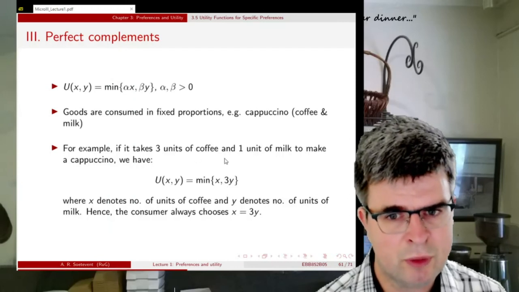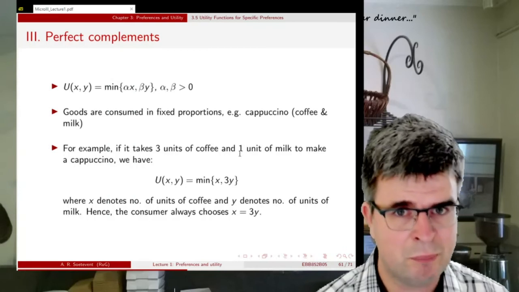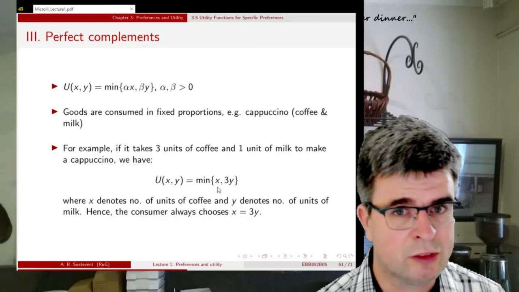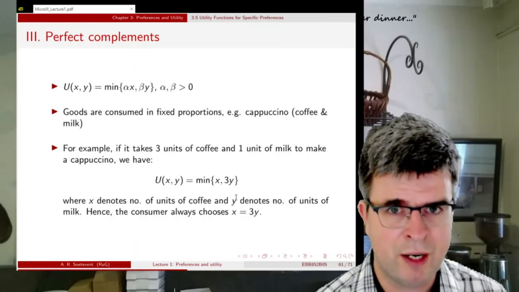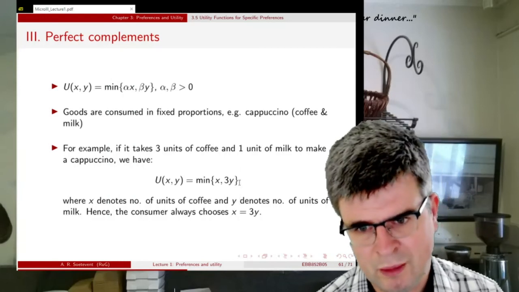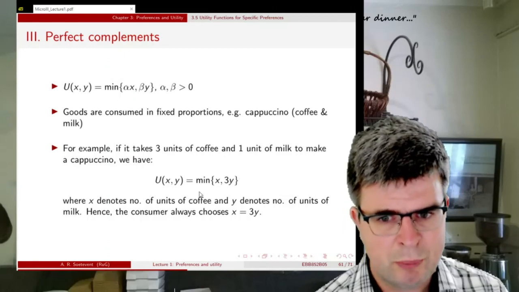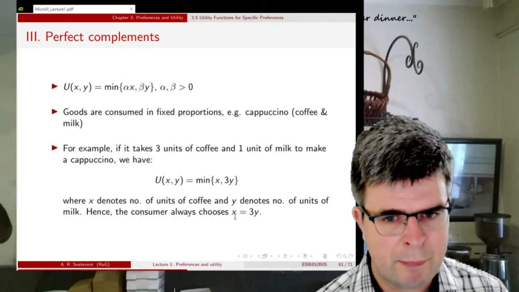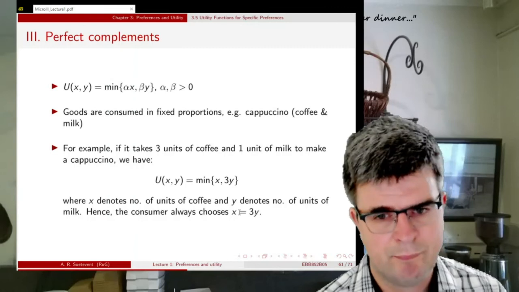But if you have 3 units of coffee and 2 units of milk, that additional unit of milk doesn't buy you any utility, because still you can only make 1 cappuccino. And in the end, you derive your utility from the consumption of the cappuccino. So in this case, the consumer will always consume coffee and milk in a ratio of 3:1.